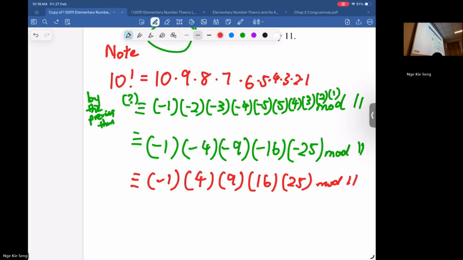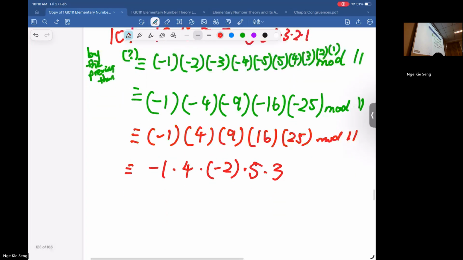And then you can further do the same thing. Because 16 and 25 are kind of big, maybe you get -1, and 4 is small enough to keep. 9 you can make it -2, and then 16 make it 5, 25 make it 3.